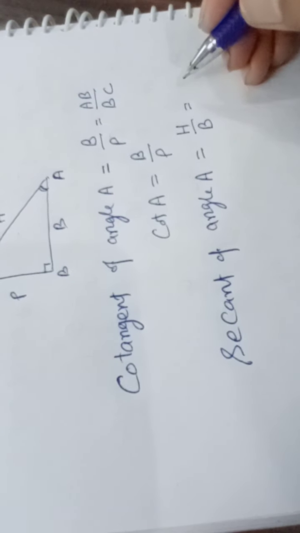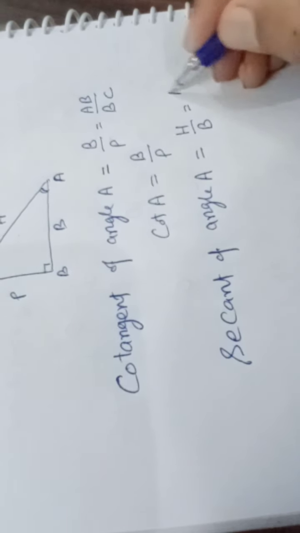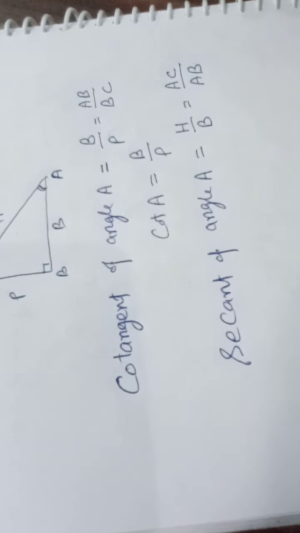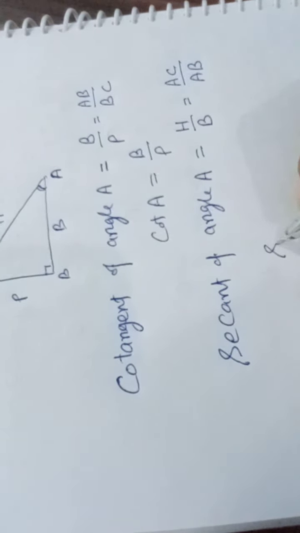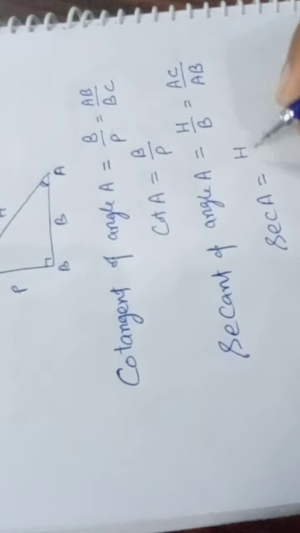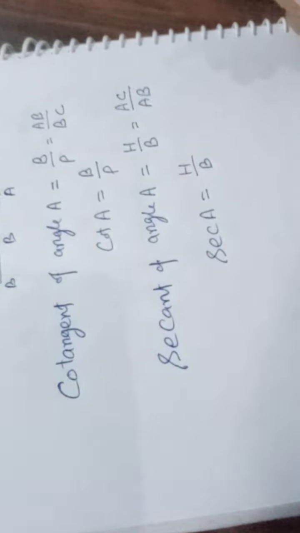In terms of sides, it is AC by AB. And in short, acronym of secant is sec A. Sec A, it is ratio of hypotenuse to base.